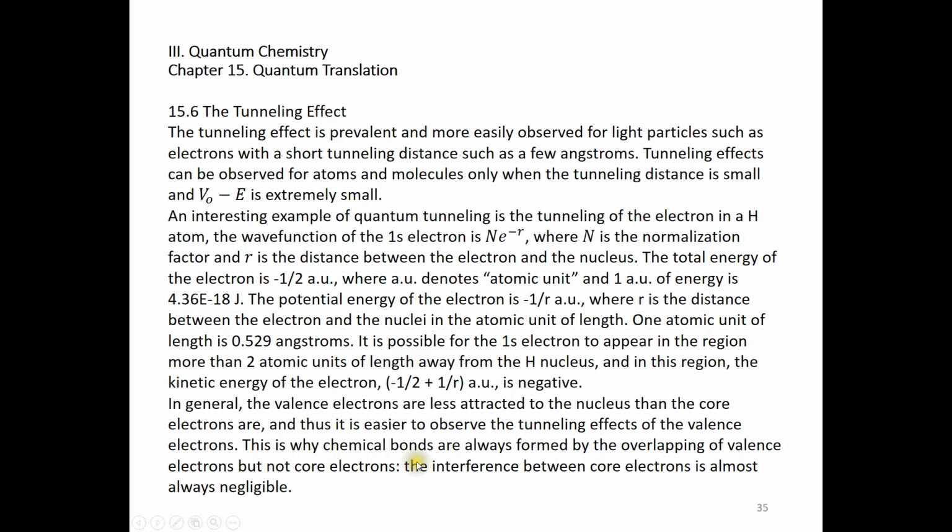So chemists care about valence electrons and the overlap of valence electrons. Chemists do not care about core electrons, and the overlap between core electrons is always negligible.